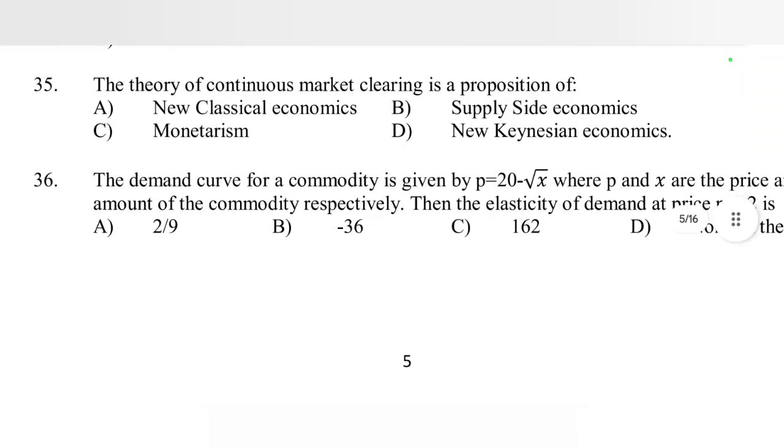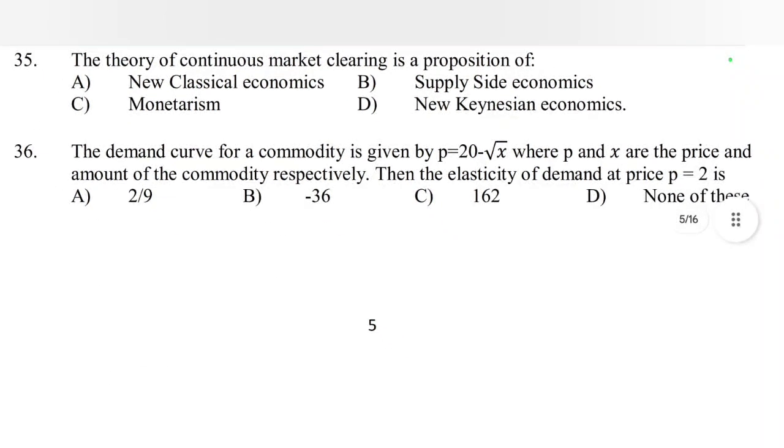Then question number 36, it is a mathematical question. The demand curve for the commodity is given by P is equal to 20 minus root x, where P and x are the price and quantity, and the elasticity of demand at price P is equal to 2 is. So what is the value of elasticity of demand here?